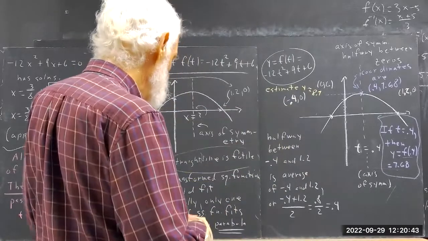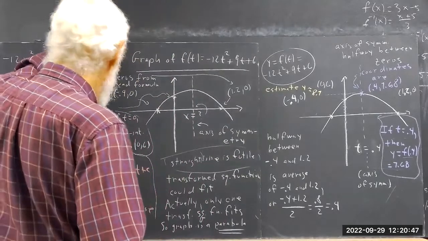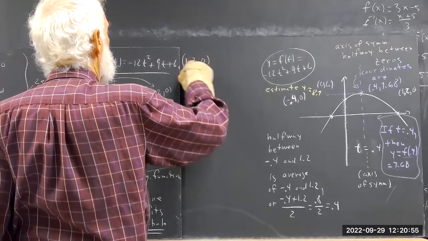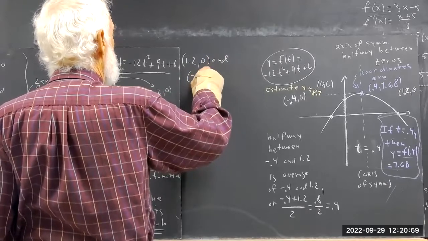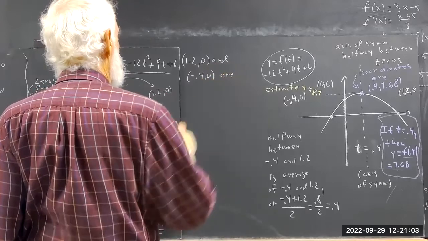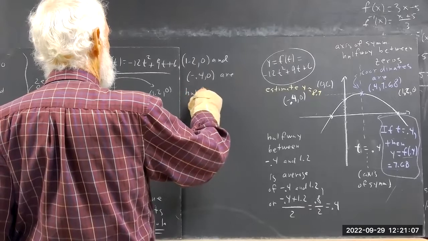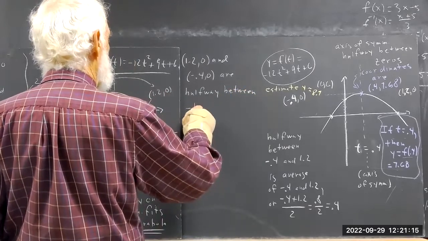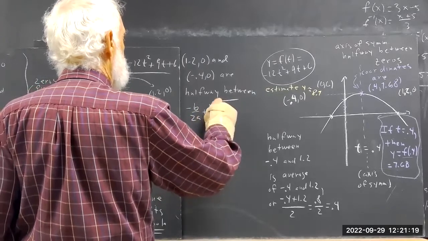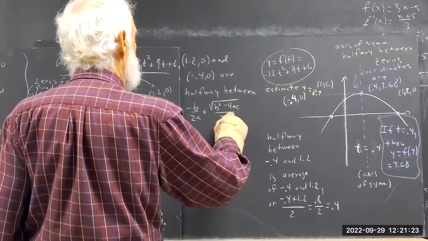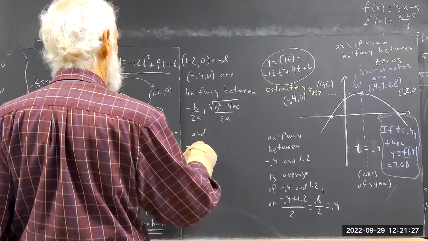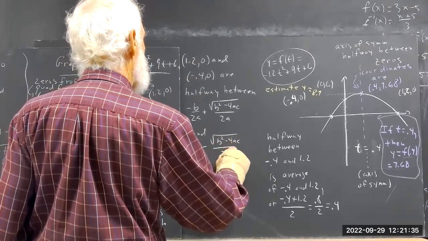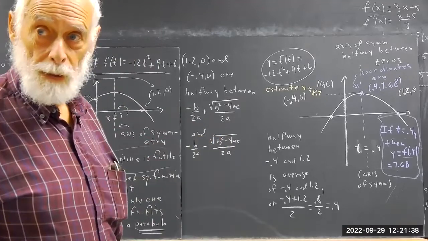Now, big deal here. We have the zeros at 1.2 and negative 0.4. And the point halfway between them comes from negative b over 2a plus the square root of b squared minus 4ac over 2a, and negative b over 2a minus the square root of b squared minus 4ac over 2a.